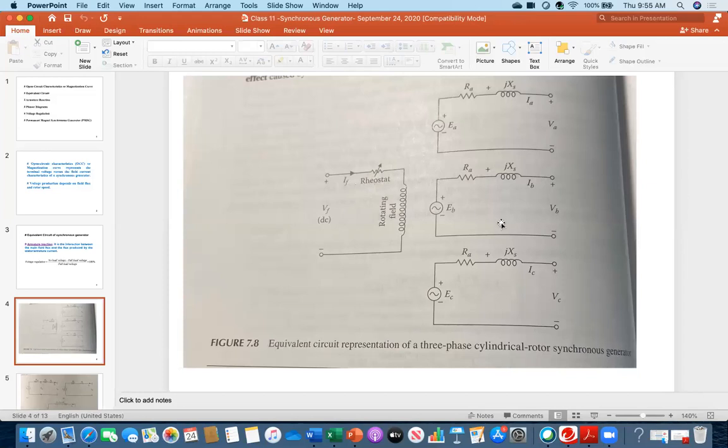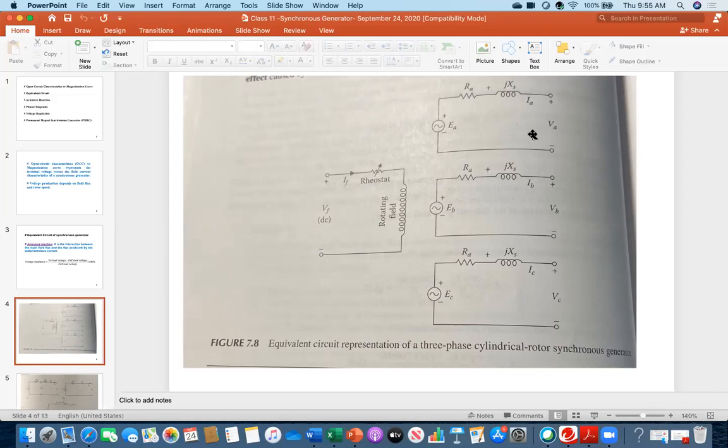Now, on the right side, there are three figures. Those three figures are for three phase: A phase, B phase, and C phase. This portion is for the stator. You know that for a synchronous generator, coils are placed on the stator at which the voltage builds up.